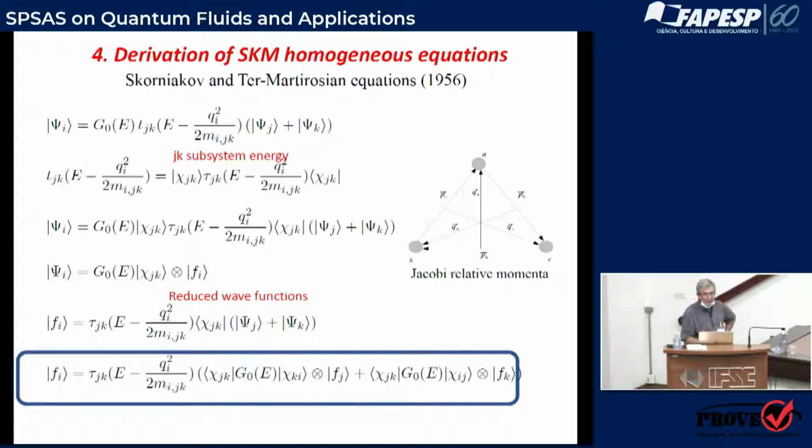It's not really a wave function, because the wave function you have to rebuild with all these ingredients. And then when you do that, this is the two-body amplitude that, in the limit of the zero range interaction, is just 1 over k cot delta minus ik, essentially, where k is just the square root of this. If you are in the bound state region, that is our case, the energy is negative and this quantity is real.